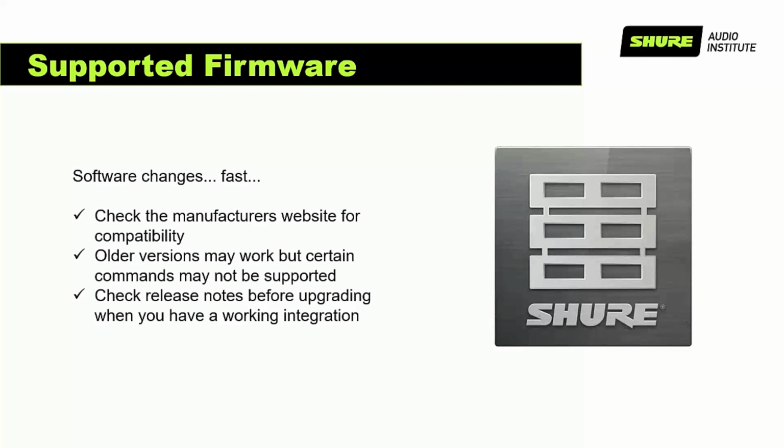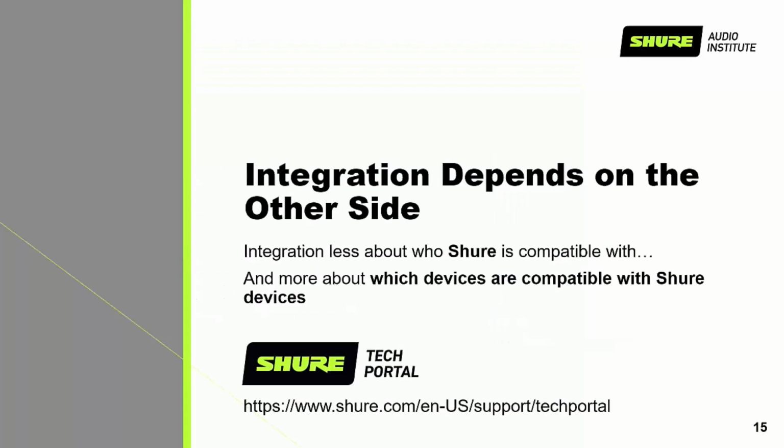And then lastly, one point to make on integration is that Shure makes all of the information available, like our command string documents, which is basically the syntax for how you can integrate with Shure programs. So if you're interested in programming yourself, it is possible to create your own programs that can read and write information to Shure devices.